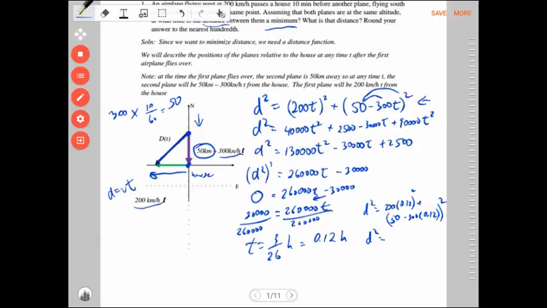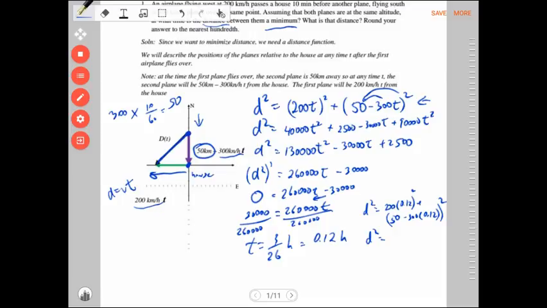Okay, so just typing that in. 200 times 3/26 squared plus 50 minus 300 times 3/26 squared.